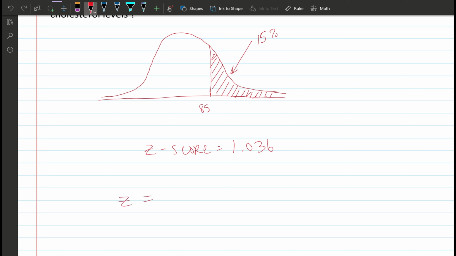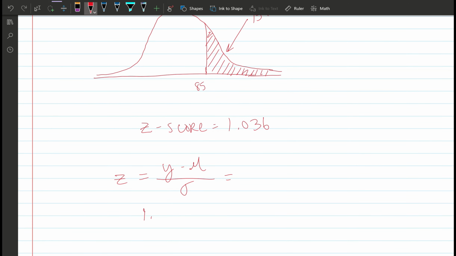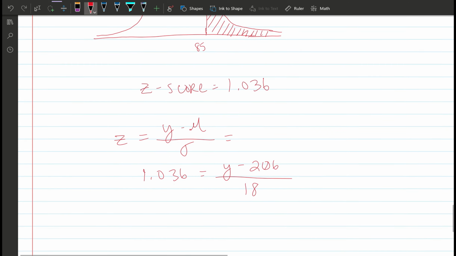So the z-score formula is y minus y bar, or we can say y minus mu, over sigma. Here we can say 1.036 is equal to y minus, the mean was 206, the standard deviation was 18. Now it's just a simple algebra problem.